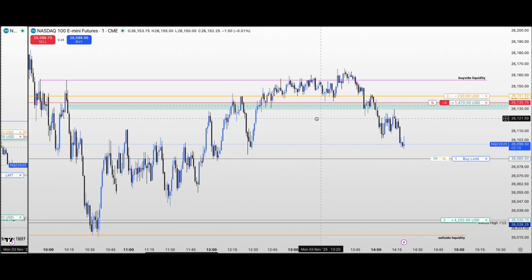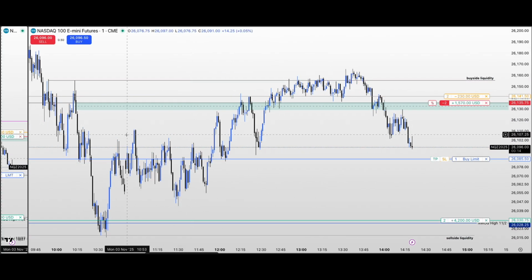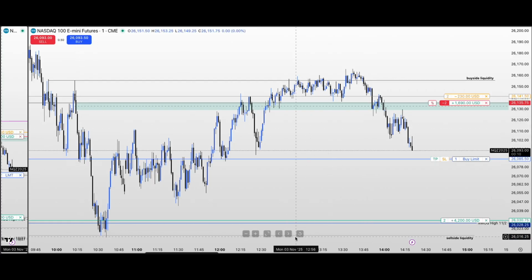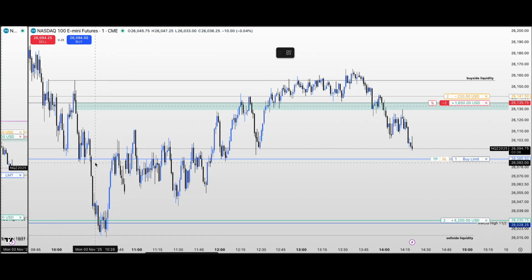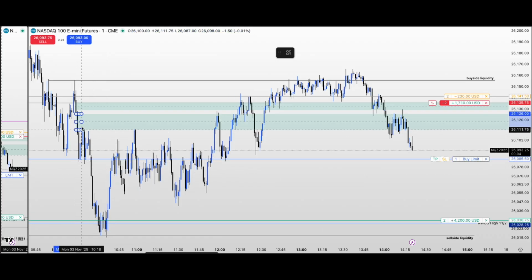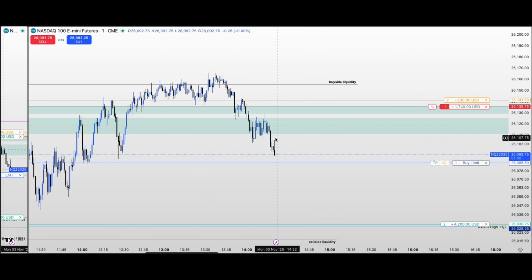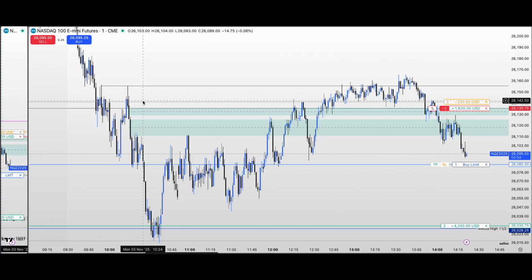And then once we closed below this fair value gap here, that's when I moved it to the consequent encroachment of this premium wick of this candle.